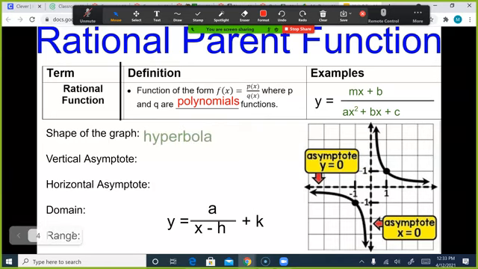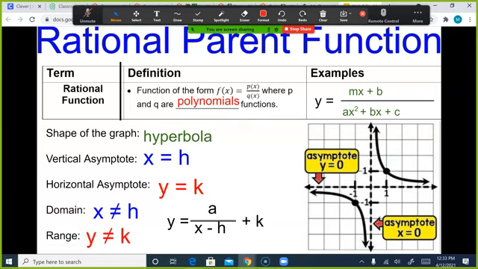Again, the shape from last week is called a hyperbola, that double L shape. In A, H, and K form, the H gives you your vertical asymptote, the K gives you your horizontal, and the domain is all real numbers except the two asymptotes because that's what they can't be. The domain can't be the H because then you have a 0 on the bottom, and the range can't be the K because your fraction can't ever be that.